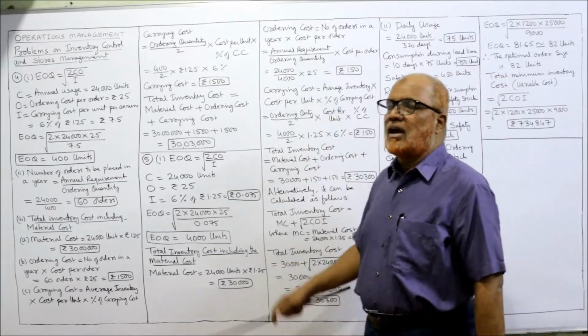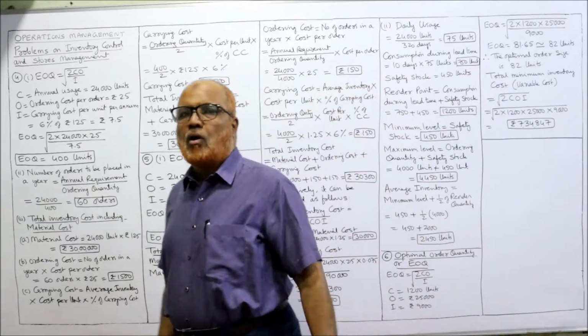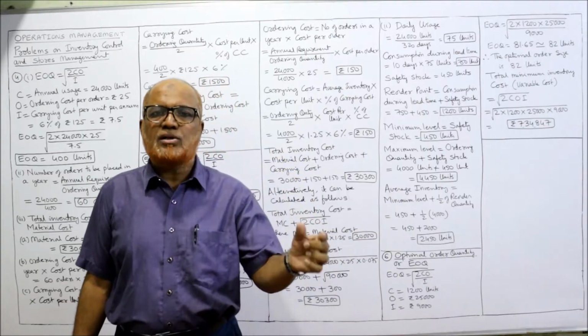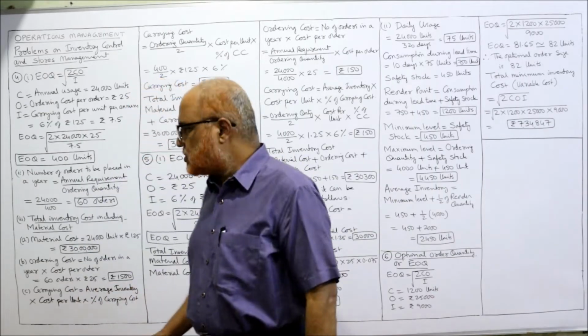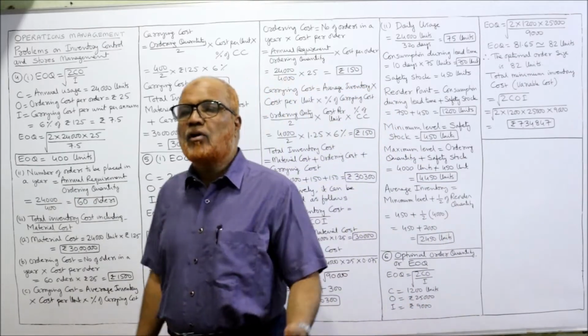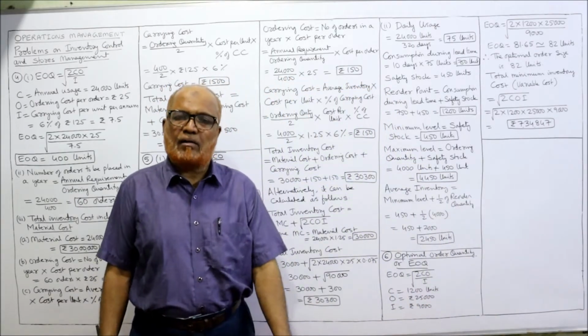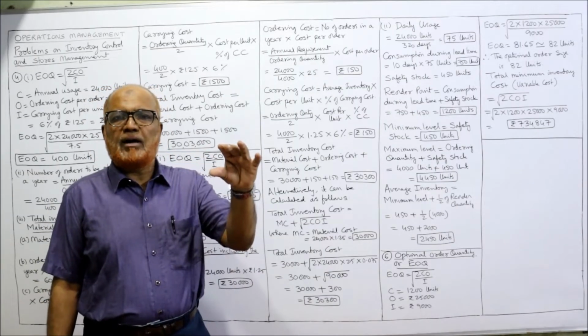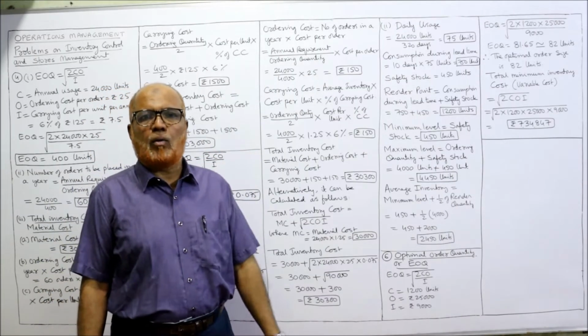Now secondly we calculate the ordering cost. Ordering cost is number of orders in a year into cost per order. The cost per order is given here, 25 rupees. But the number of orders in a year is not given. We have to calculate it, same formula: annual requirement divided by ordering quantity.